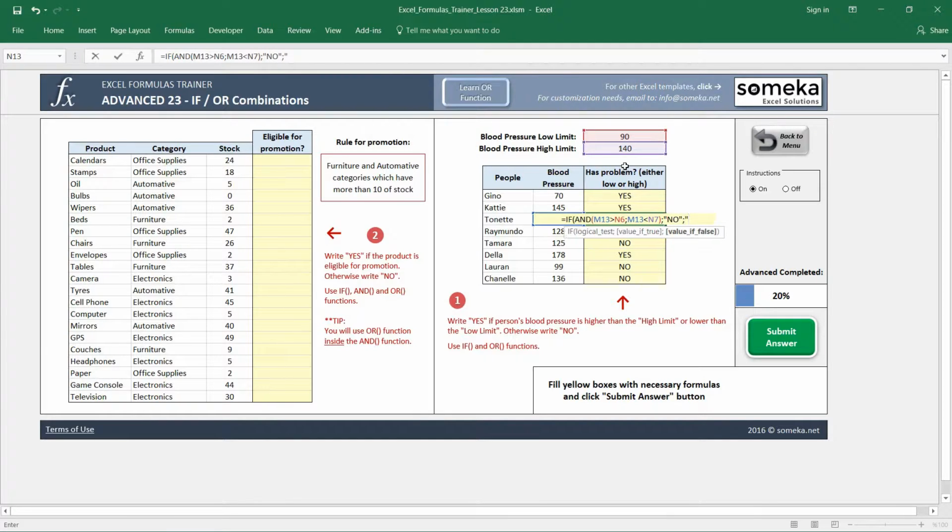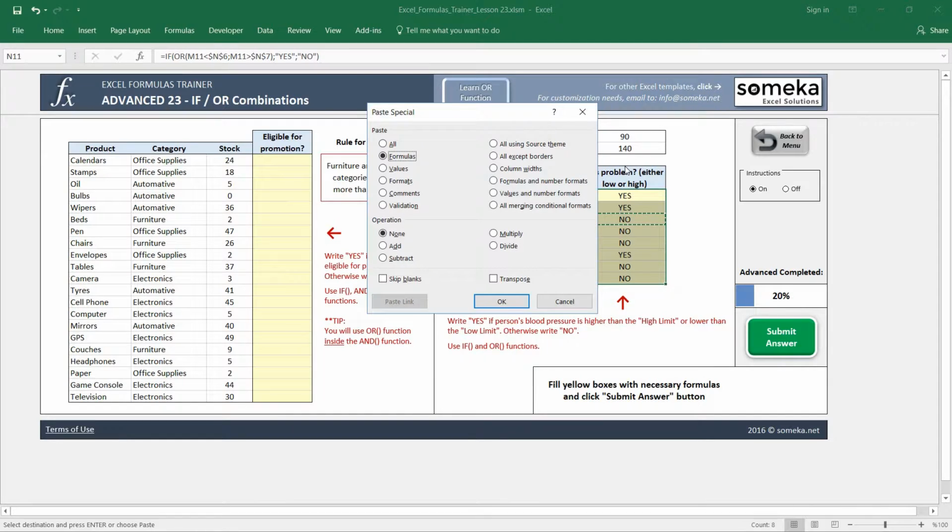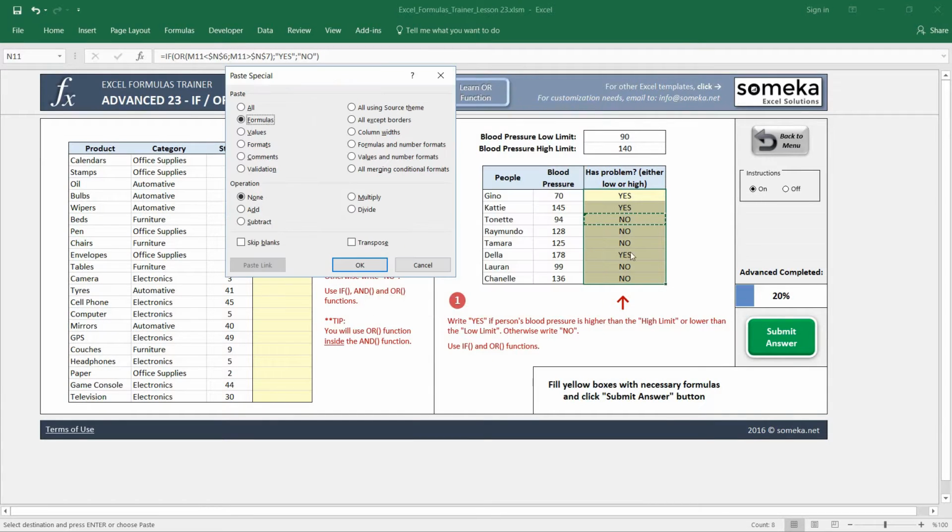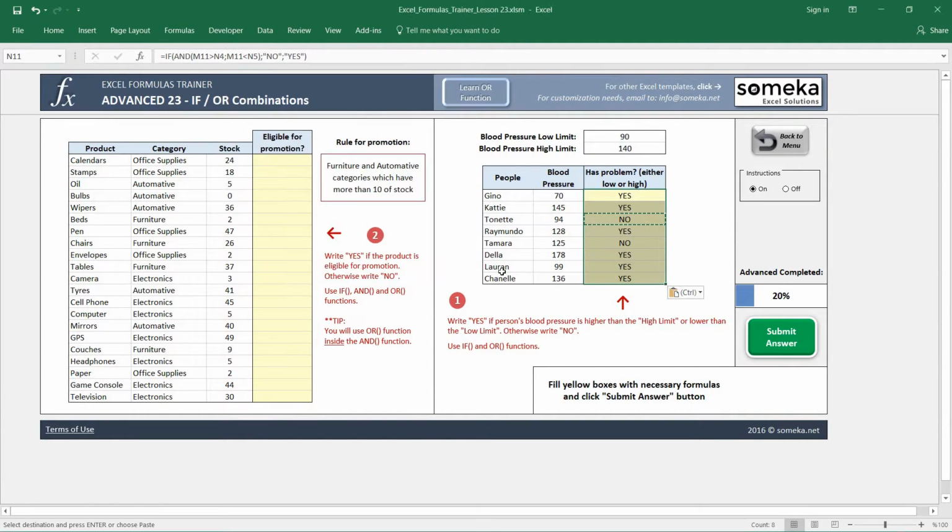Otherwise, we will have yes, there's a problem. Now be careful. I'm going to just paste the formula and you will see no change here. You see the same logic, just the function has changed. I'm leaving this as the OR function now.